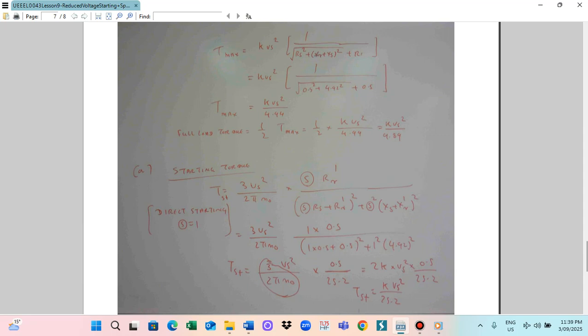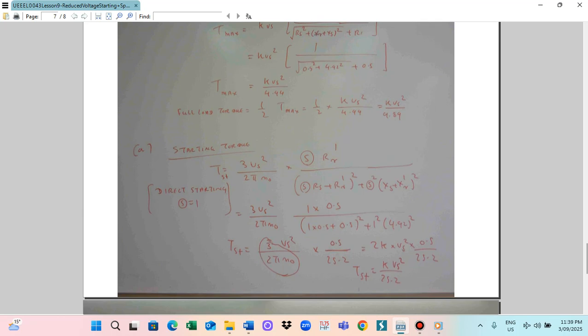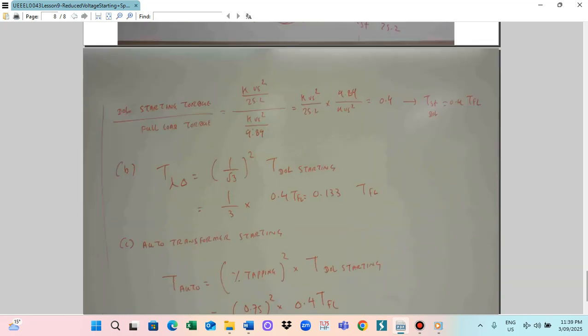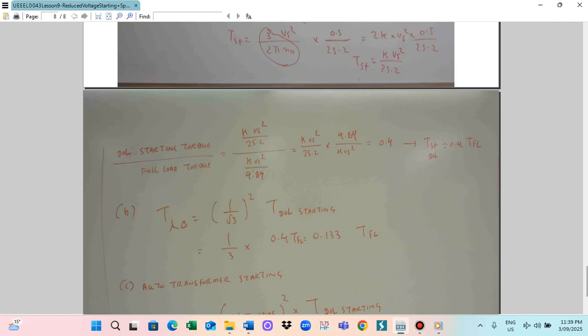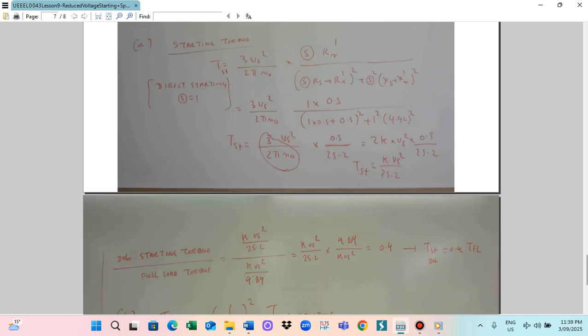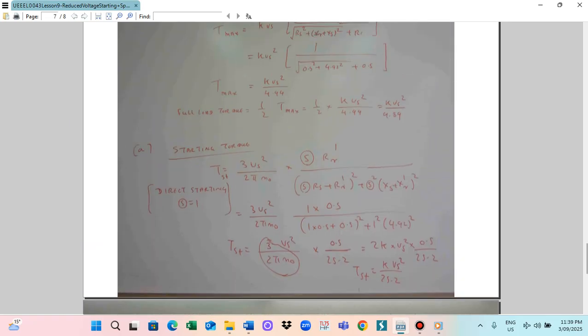Okay, so starting torque you can calculate from the equation 3Vs squared divided by 2 pi n0. For direct starting, the starting equation has s equal to 1. So we substitute s equal to 1, multiply Rr dash is 0.5, divided by (s equal to 1 multiply 0.5 plus Rr dash is 0.5) the whole squared plus 1 squared multiply 4.92 the whole squared.